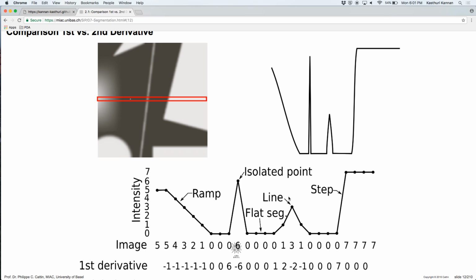Then you have the line. This is a flat segment, and this small line is represented by this peak, and then we have the step. Again, this is black, and then immediately there's a contrasting white here.